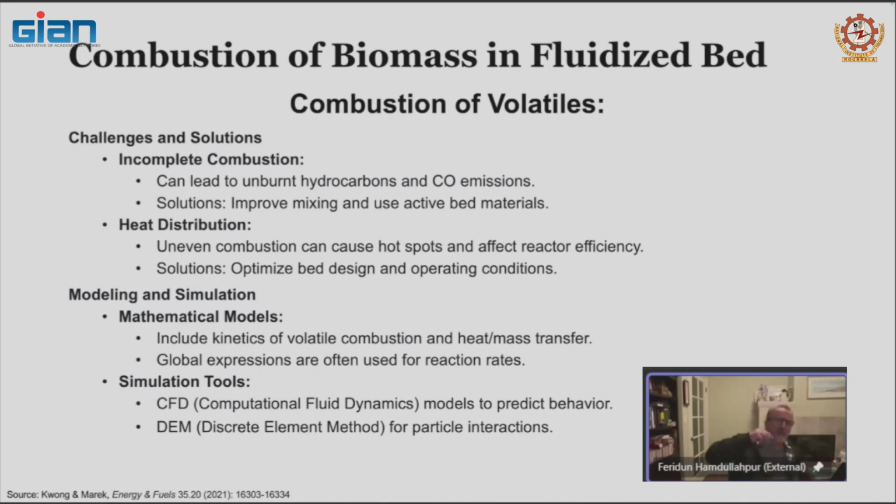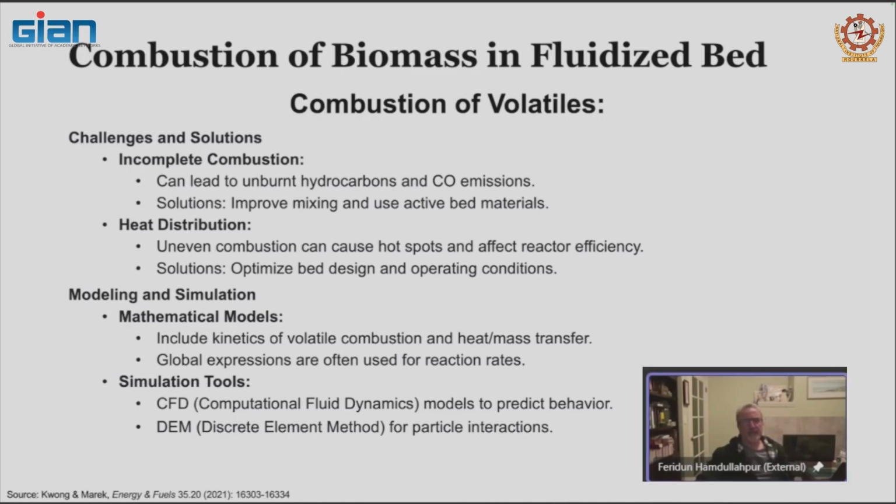To improve mixing, you either put in static mixers or even forced mixing, but if you have static mixers, it's an additional resistance, and they can cause fouling and other challenges. So it adds to the cost, but nevertheless, to achieve better mixing, you need to either use more secondary air or use static or dynamic mixers to promote mixing.